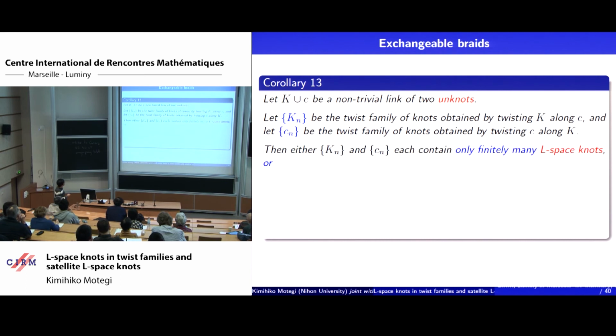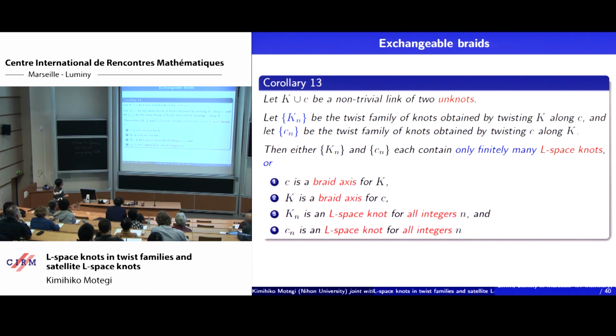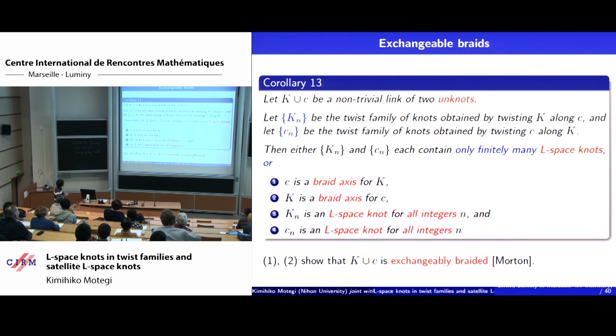And in such a family, either K_n and C_n each contain only finitely many L-space knots, or otherwise, C is a braid axis for K, and K is also a braid axis for C. And K_n is an L-space knot for all integers n, and C_n is so. And in such a situation, the first situation shows that this link K union C is exchangeably braided, due to the notion of Hugh Morton.